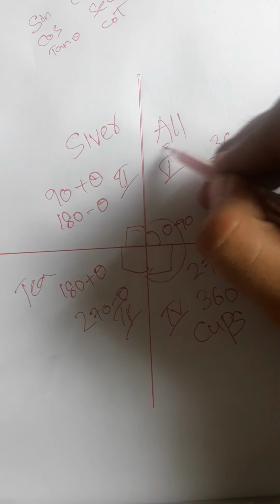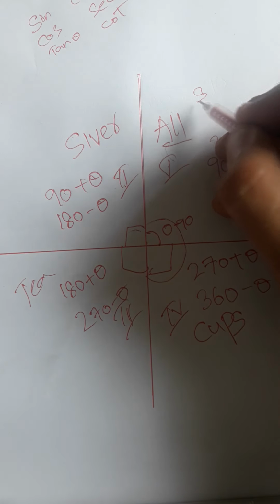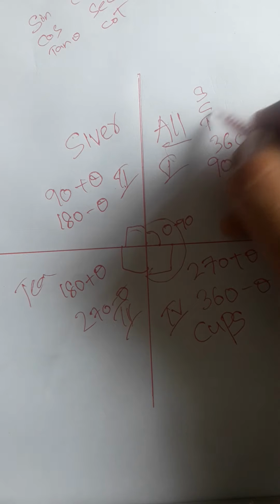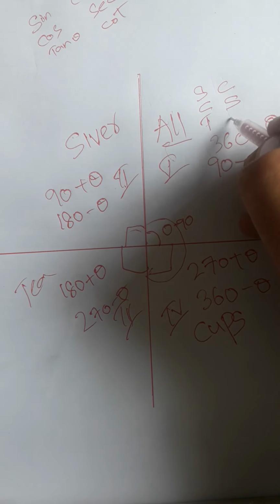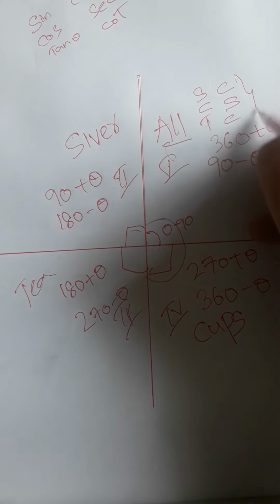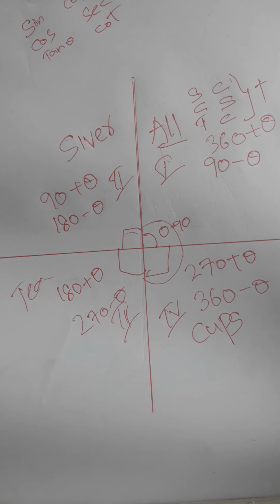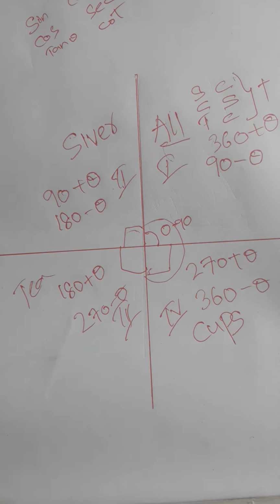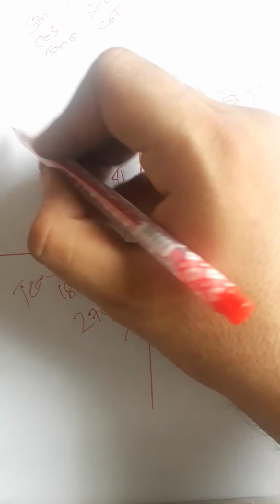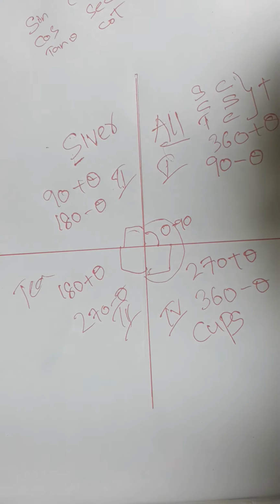Then All, here the first one is All. So sin, cos, tan, cosec, sec, cot. In this quadrant, all are positive. In the first quadrant, all the trigonometric ratios are positive. Okay.